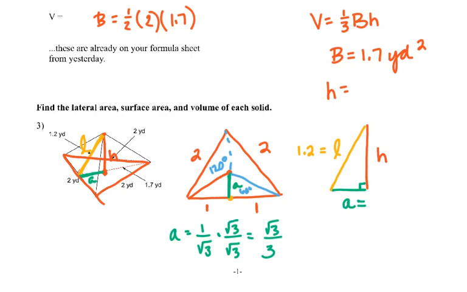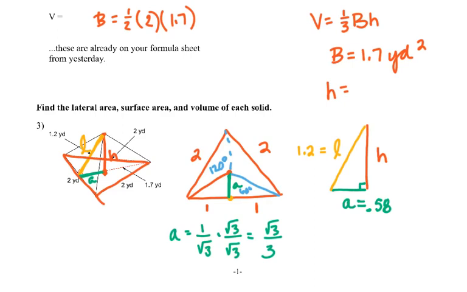Now, our slant height is in decimal form, so we can go ahead and change our apothem to a decimal as well. And that is about 0.58. Okay, so now we find our height using the Pythagorean theorem.